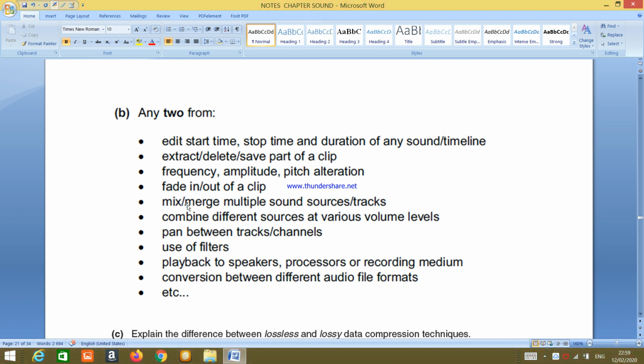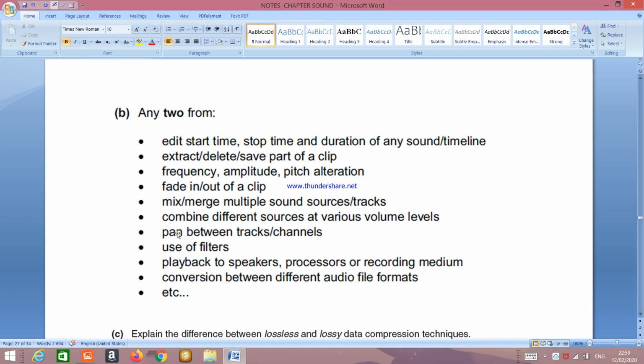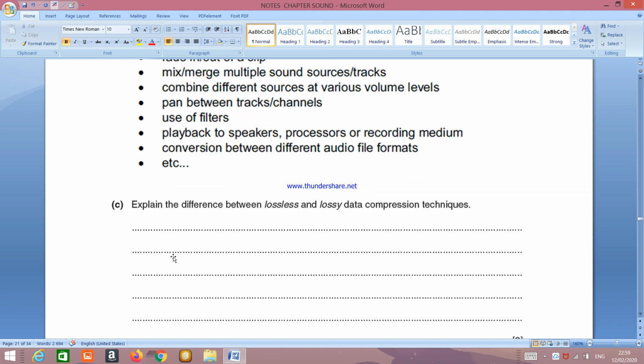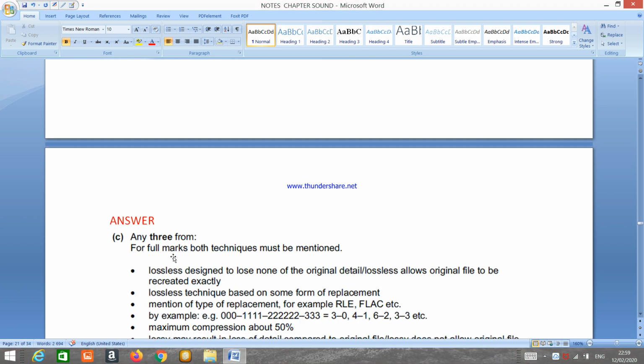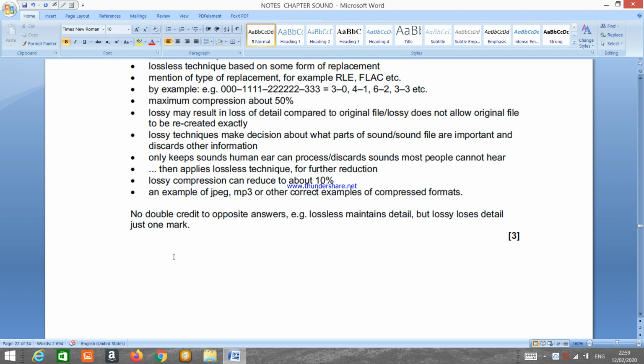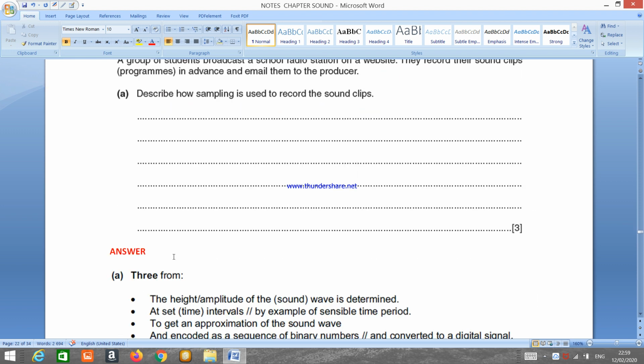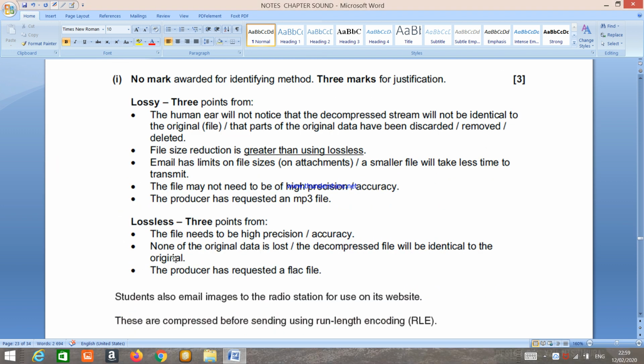You can mix or merge different sound sources. You can pan tracks and channels. You can use filters, and then you can save the file in different audio formats. Lossy and lossless we will look at in another chapter, compression.